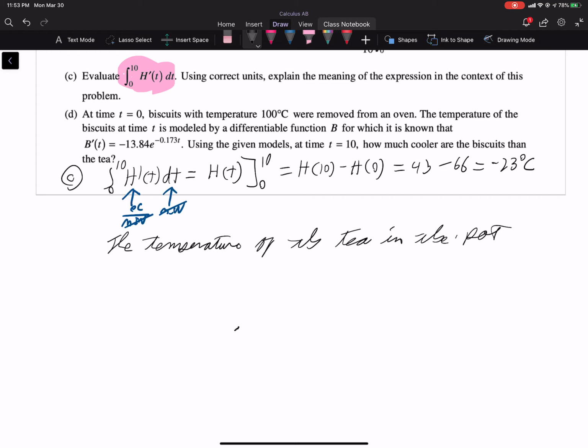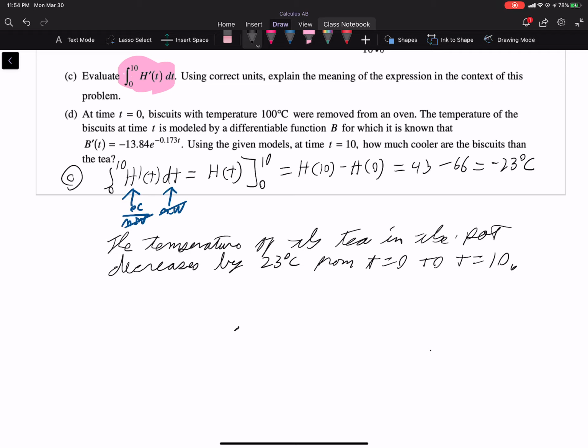It's negative 23, so the temperature of the tea in the pot decreases by 23 degrees Celsius from t equals 0 to t equals 10. Done.